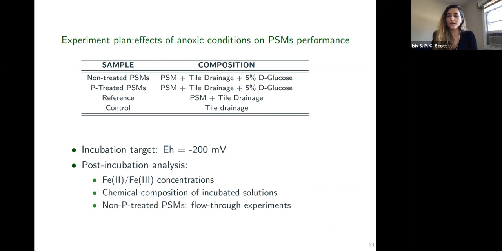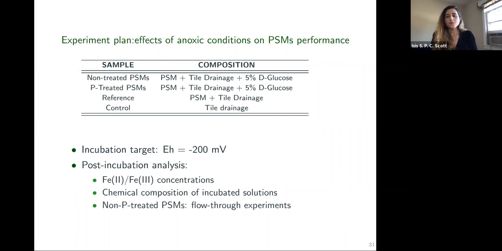With that, our intention was to provide the best conditions possible for microorganisms operating at their prime. But we also had some samples that we called reference samples, which is just the PSM and tile drainage, which is more representative of what we would normally have in a phosphorus removal structure. And we also had control, which is just the tile drainage.